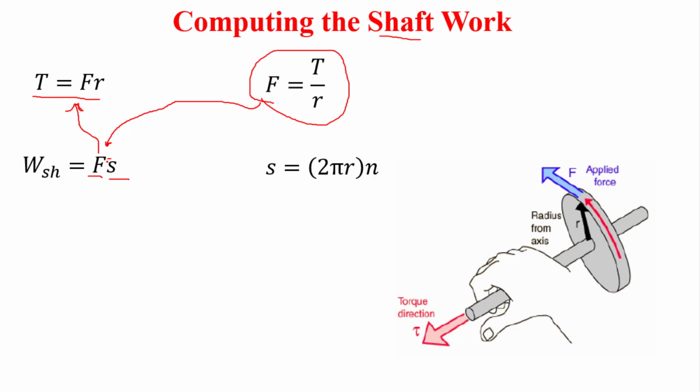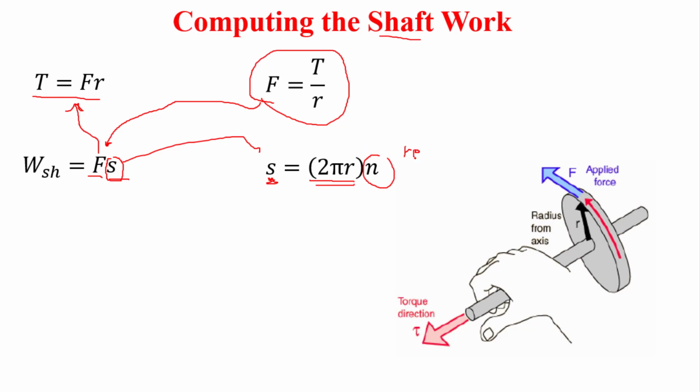And instead of the distance that the shaft rotates, we can write in terms of n, which is the number of rotations. The arc or the distance that the shaft rotates equals 2 pi r, the perimeter, multiplied by the number of rotations, which is revolutions.